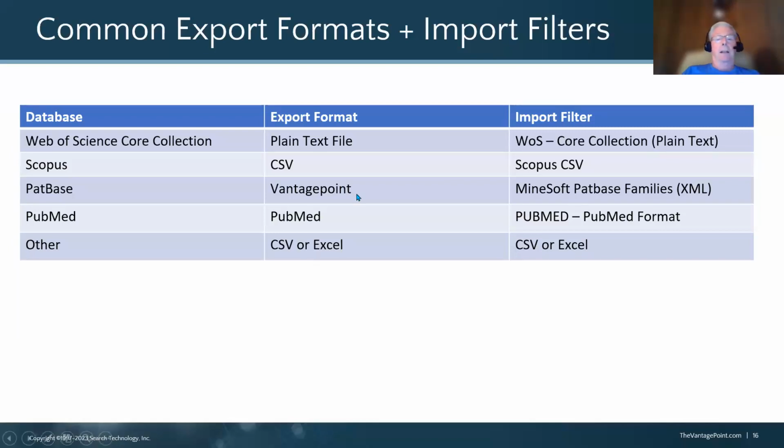VantagePoint is right there, easy to find. In PubMed, the format is called PubMed. And so we try to match up the naming of our import filters with that information that's been used in the export process. So with that in mind, let's just get into more details about each of these.